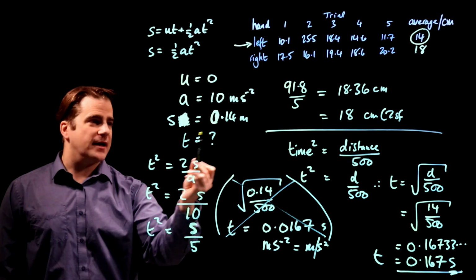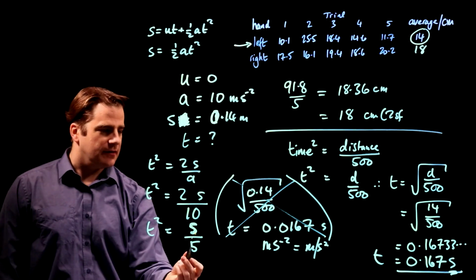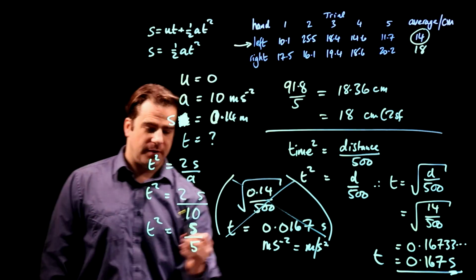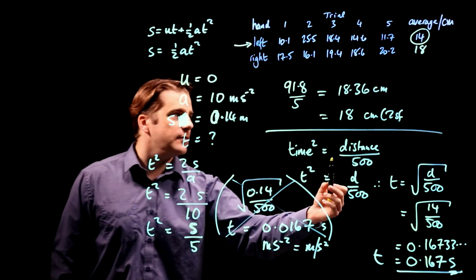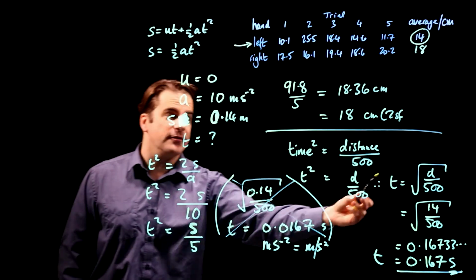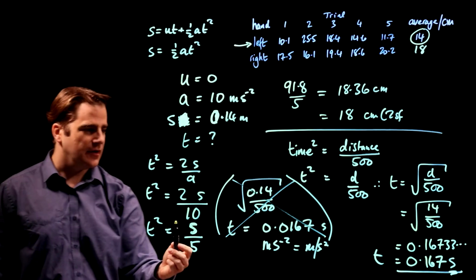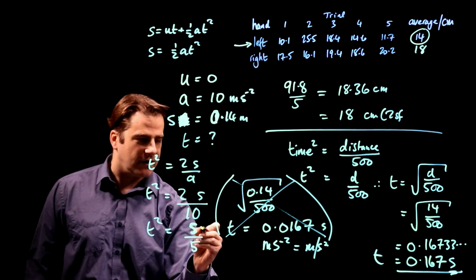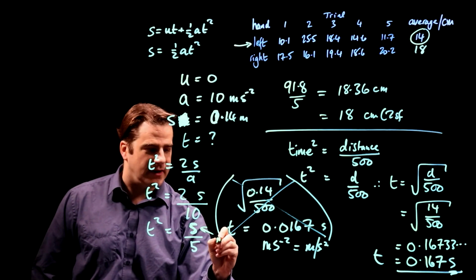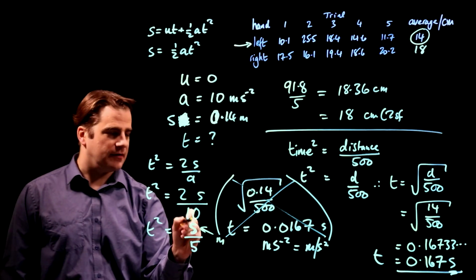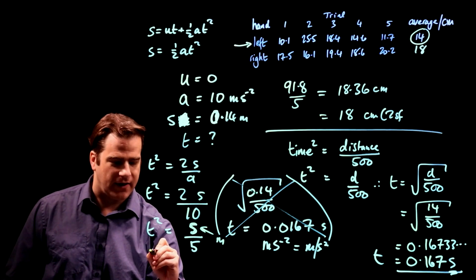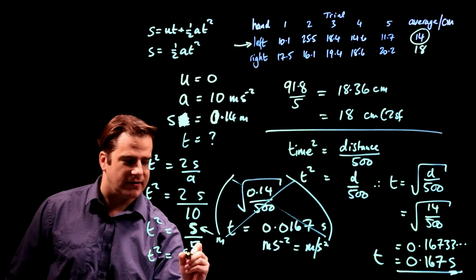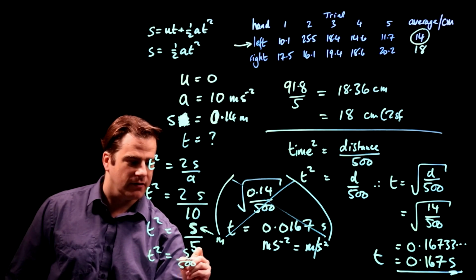Okay, so that equation, that's where it comes from. Now, if we were working in meters, which we should be, then that equation would be time squared is the distance over 5. But we're working in centimeters, and they didn't tell you that, like I keep whinging about. If this were in centimeters, it's a factor of 100 difference. So in that case, t squared, you would write it as S over 500.